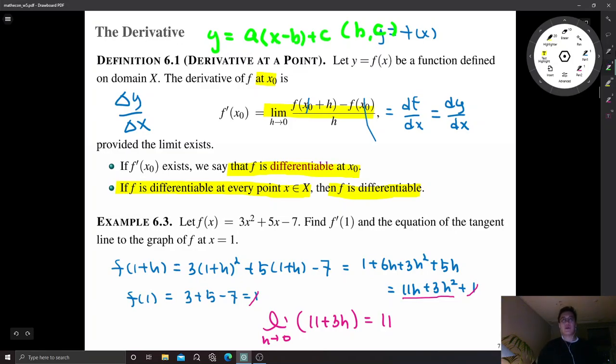Using this formula, we can construct the equation of the tangent line, which is y equals slope 11, and at point 1, the corresponding y value is 1. So we know this function passes through the point (1, 1). So 11 times (x minus 1) plus 1, so 11x minus 10, which is going to be the equation of the tangent line.